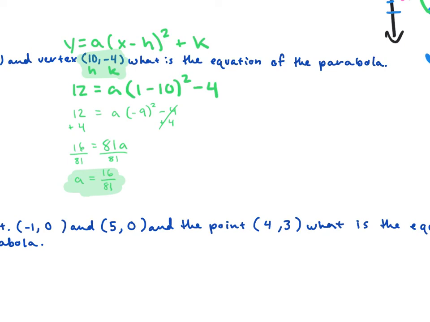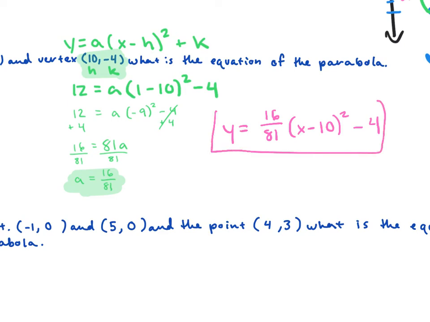So our new equation is going to be y is equal to 16 over 81 times x minus h squared plus k, which is minus 4. So we have y is equal to 16 over 81 times x minus 10 squared minus 4. This is our equation of our parabola. So all we did was plug in our h and k and our a.